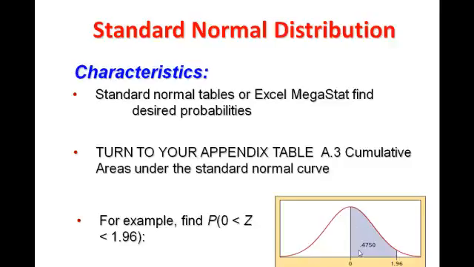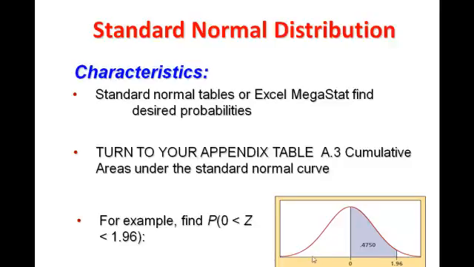Now, this particular graph shows that between 0 and 1.96, the probability is 0.4750. So where do you think that 0.4750 came from? Remember, the table gives a value of 0.9750 for all the area to the left of 1.96.